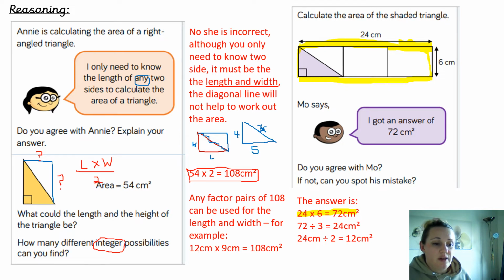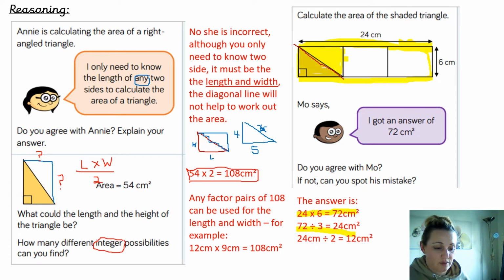Once we've got the area of that, we then need to get the area of just one of these rectangles. So there's 3 of them which are all equal. So we can say the whole thing is 72. Divide that by 3 means that the area of this rectangle here must be 24 centimetres squared. And then once we know the area of that, we can easily divide it by 2, or split it in half, which will give us the area of the triangle.